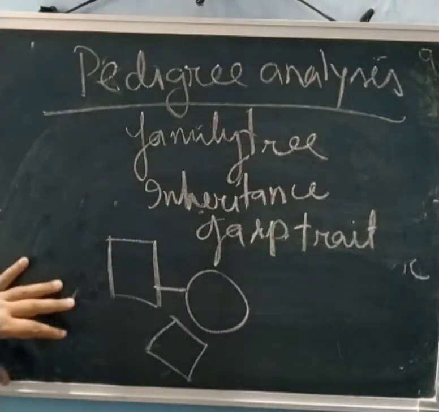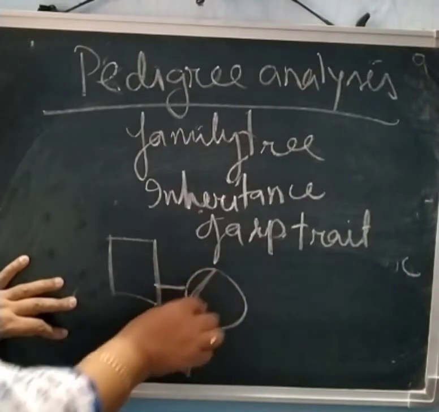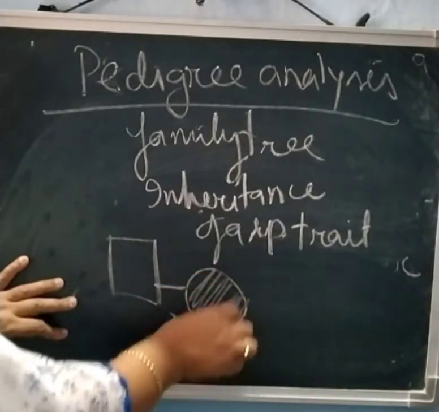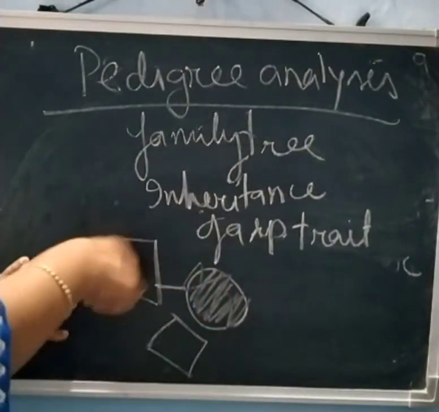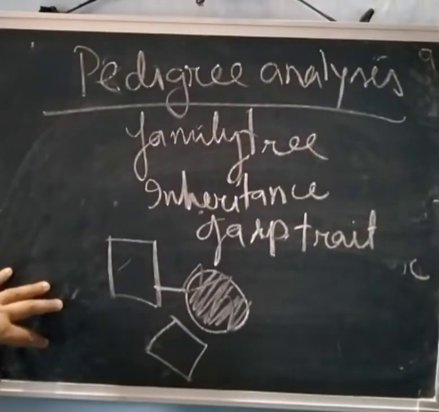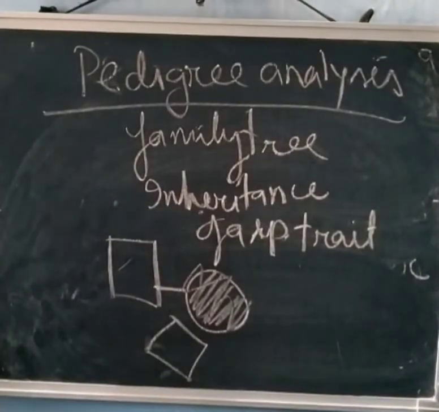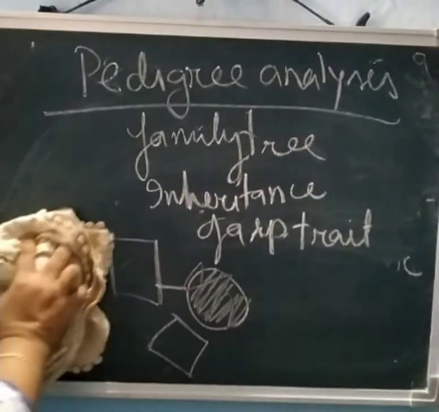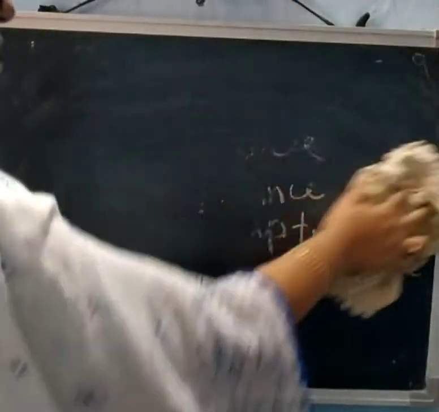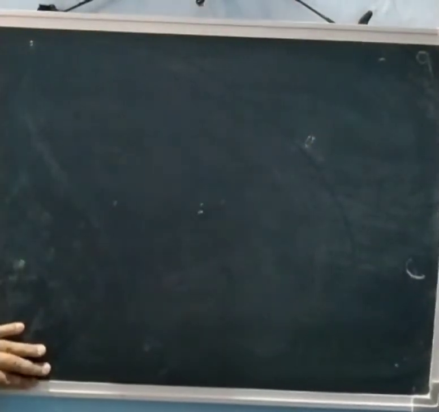When somebody is diseased we have to shade this part. So this female is diseased, and the male is diseased, then you have to shade this part. So this is the pedigree analysis which is used to study the family tree and inheritance of a specific trait, disease or abnormality.